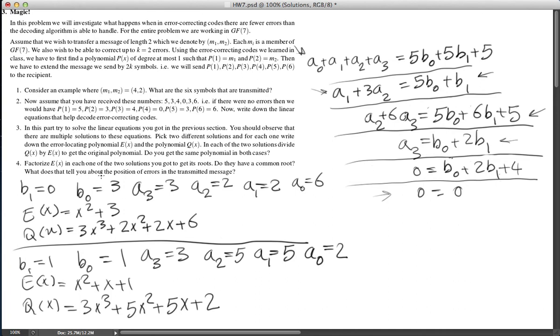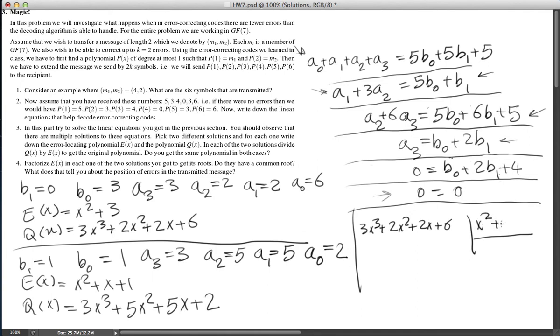Okay, so now we have our two sets of solutions. Now we have to divide the polynomials we get by each other. Alright, so let's go ahead and do this division. For example, for the first one, 3x cubed plus 2x squared plus 2x plus 6. Let's divide this by x squared plus 3.